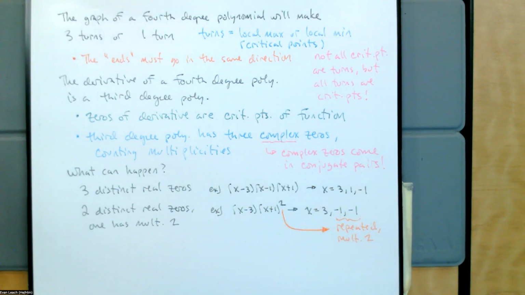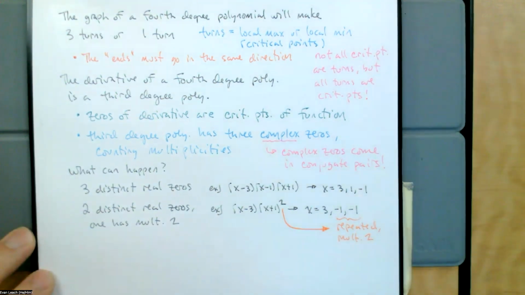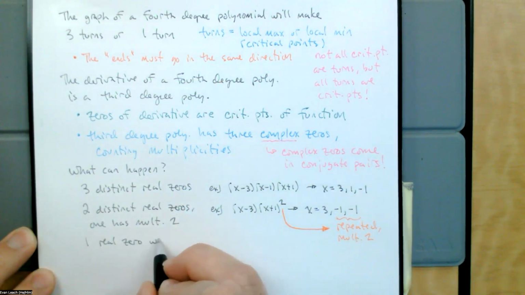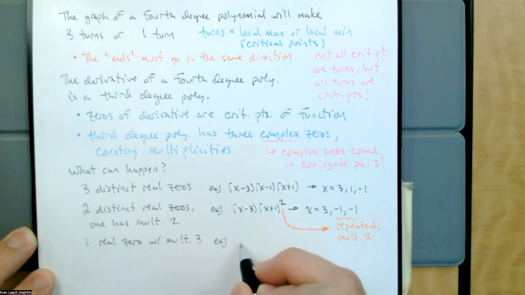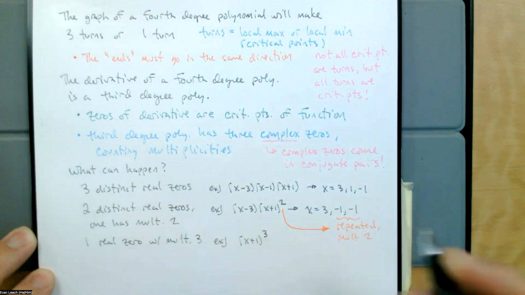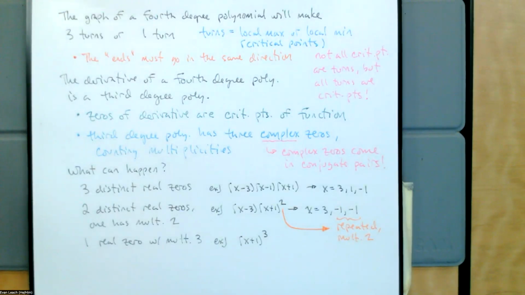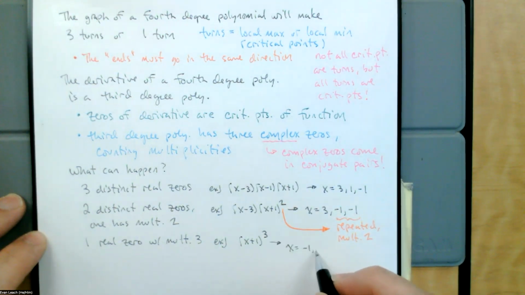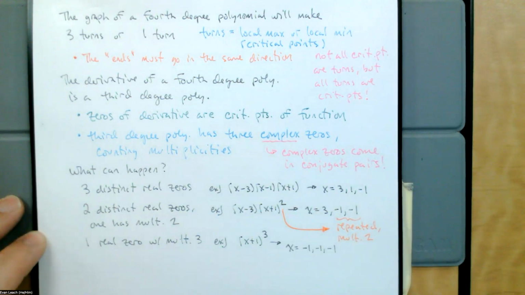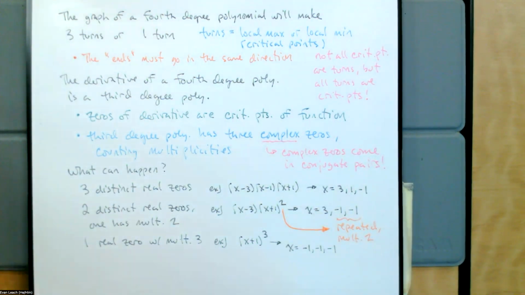It could be that we just have 1 real 0 with multiplicity 3. So our zeros would be -1, -1, and -1. In this case, it's repeated with multiplicity 3.